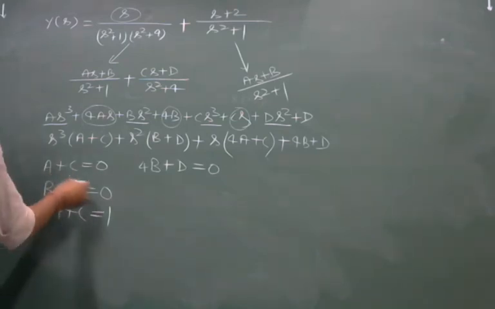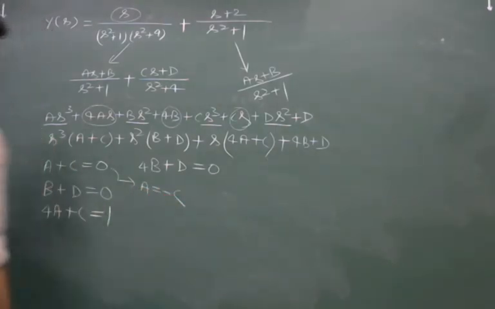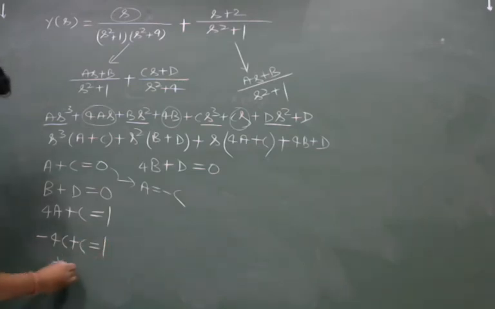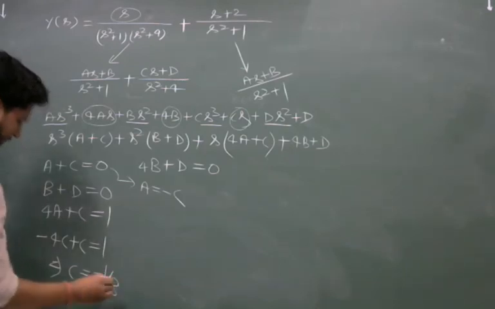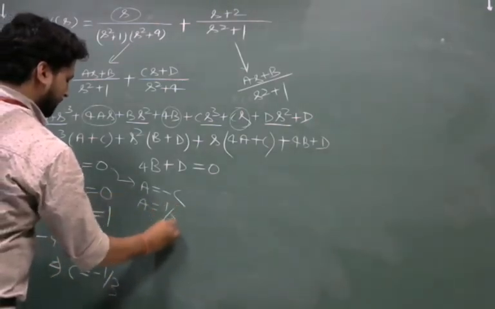Now if a is equal to minus c, then I will put here minus 4c plus c is equal to 1, which implies that c will be equal to minus 1 by 3. If c is equal to minus 1 by 3, then a will be equal to plus 1 by 3.